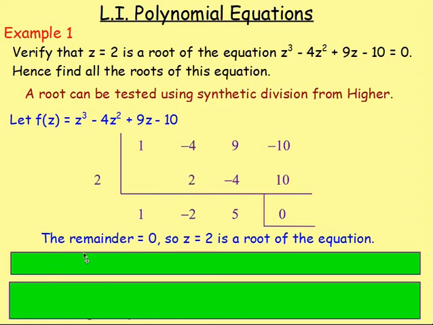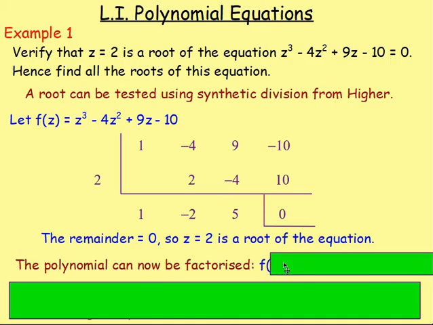And in order to do that, we've got to factorize this equation. So the polynomial can now be factorized. If f of z was equal to just this left-hand side, we could say that it would be equal to, because we've got a 2 here, and you know that that is going to be a root, the factor z take away 2.